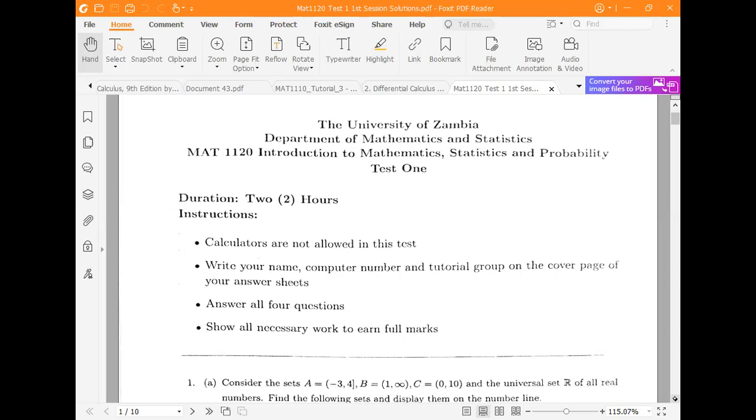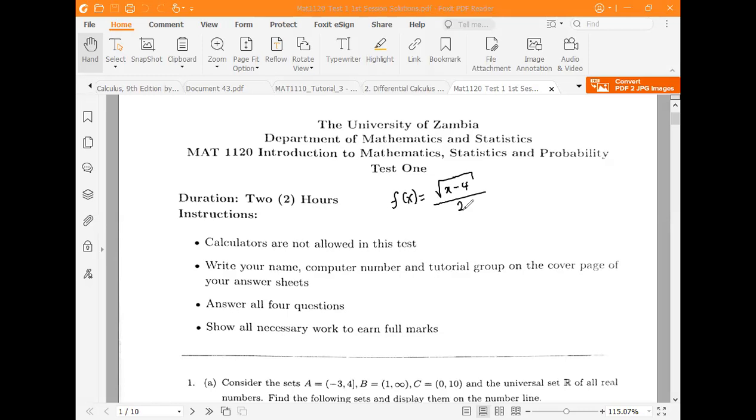There's a question that said root of x minus 4 over 2. Then they said find the domain. How do you get that one? F of x is the root of x minus 4, over 2.